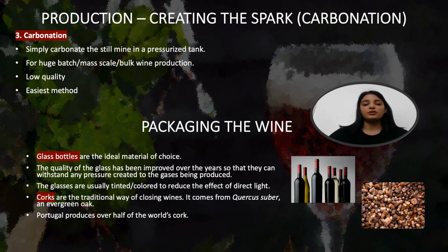Over the years, the quality of the glass has been improved, and now the glass which is being produced these days can withstand any pressure that is being created by the gases released by the sparkling wine. These glasses are also tinted and colored to reduce the effect of the direct light on the content inside the glass bottles, and the bottles are then closed with the corks.